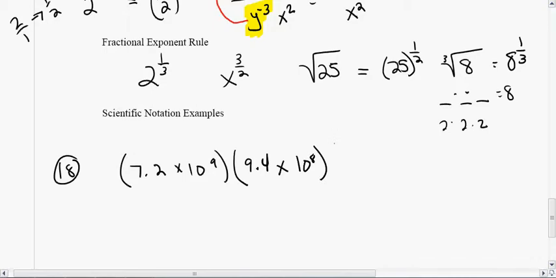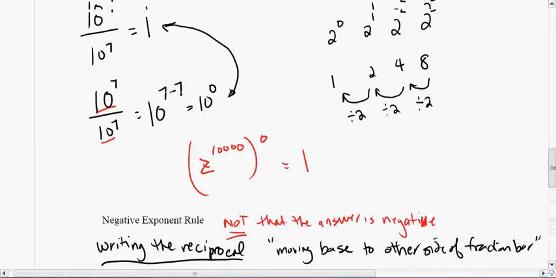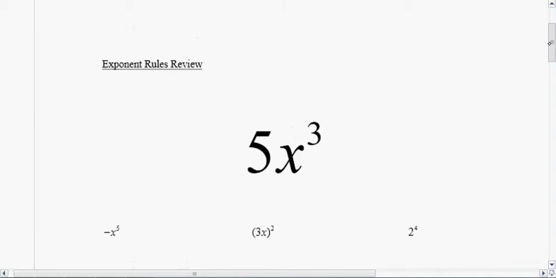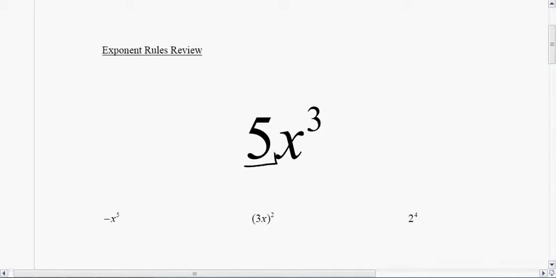And I'm going to think back to the very beginning of these notes when I talked about coefficient, base, and power. So the coefficient, remember, was the number we were multiplying the base by. In this case, it's 5. And the base was the thing that we were raising to a power. In this case, it's x.